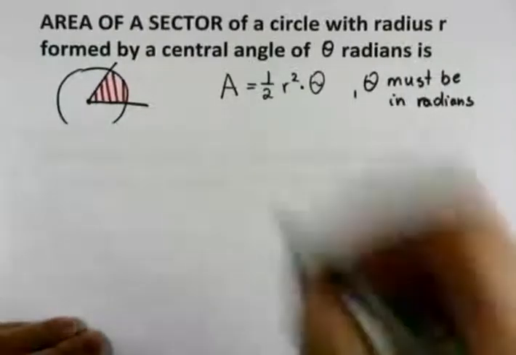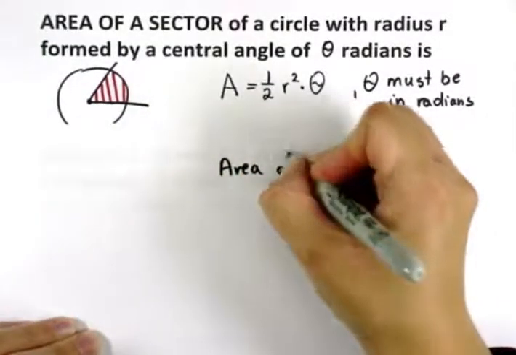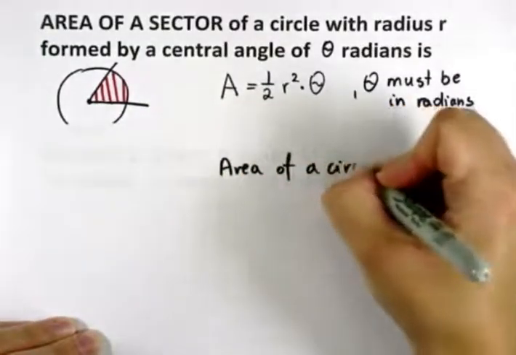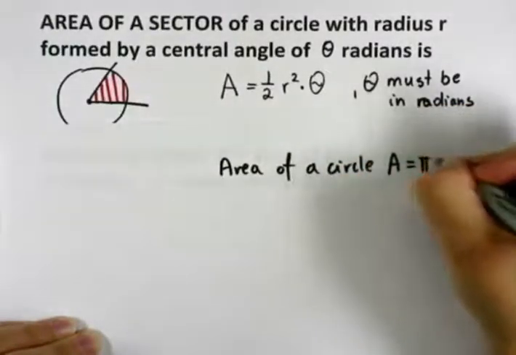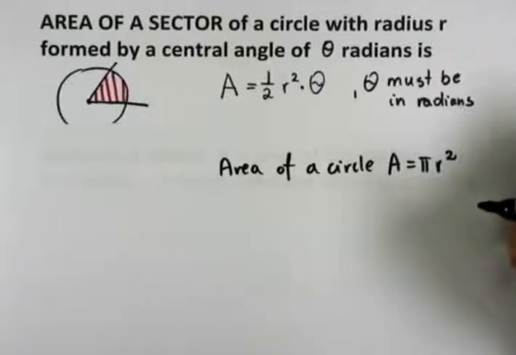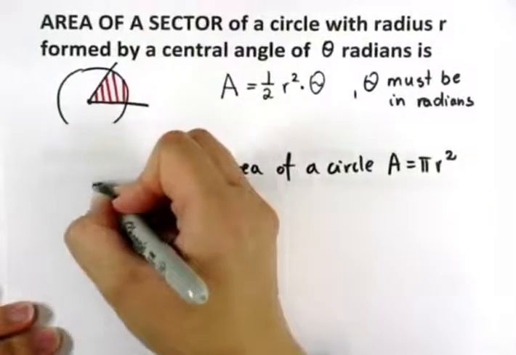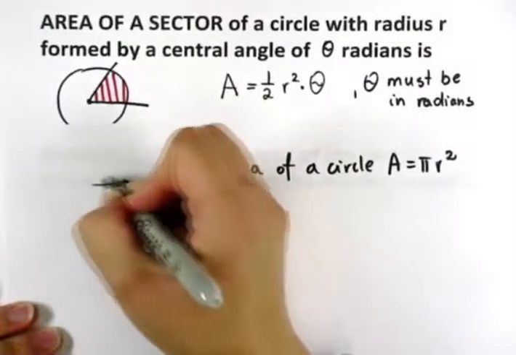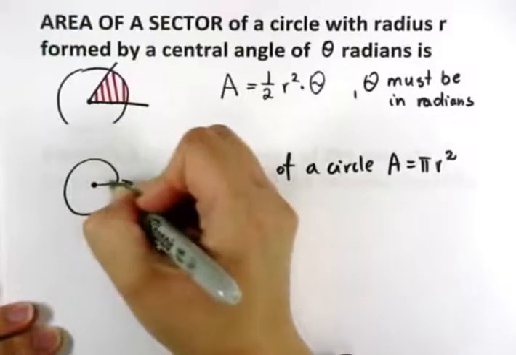The whole area of a circle is pi r squared, right? But now the arc length of the whole circle, okay, so we have the arc, the angle.